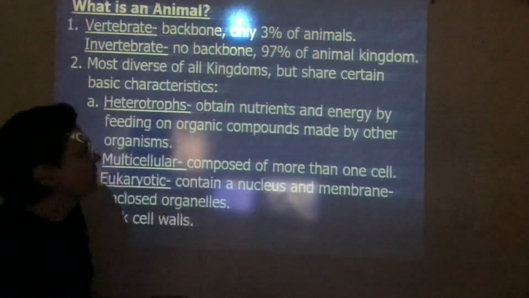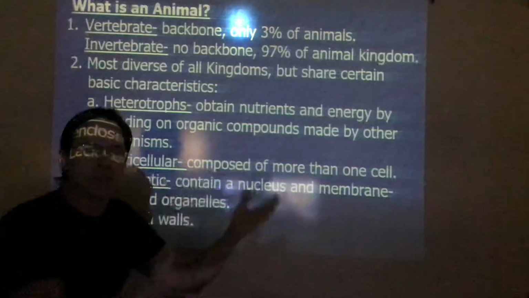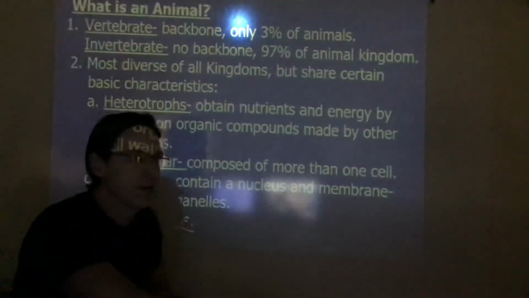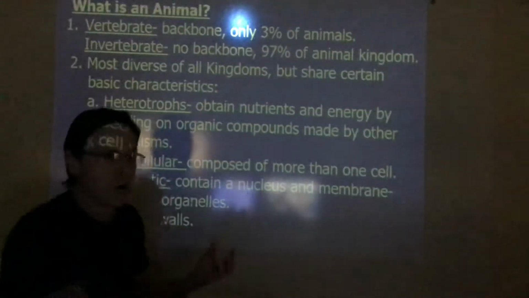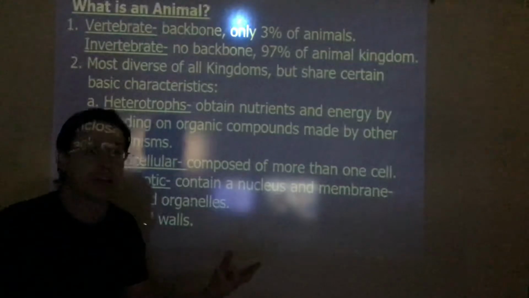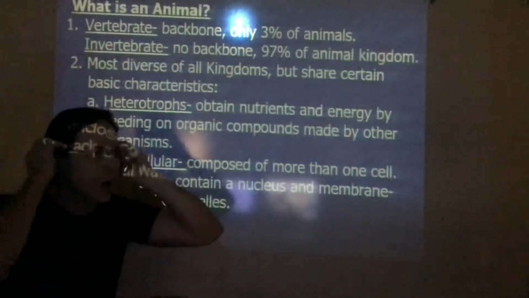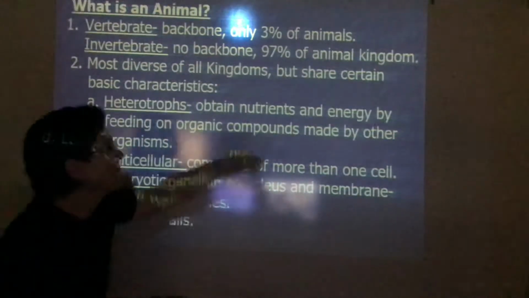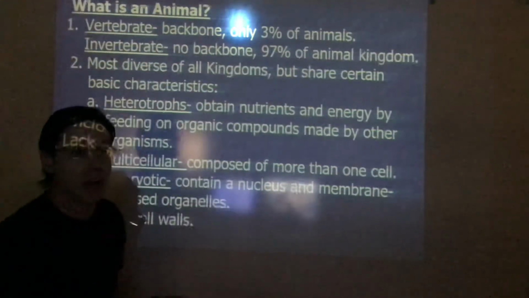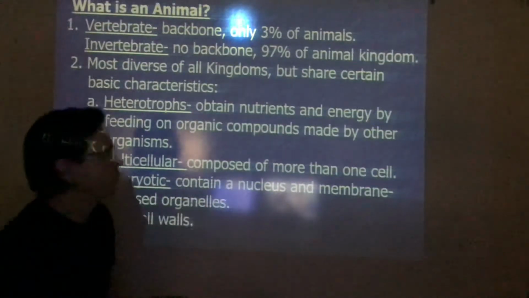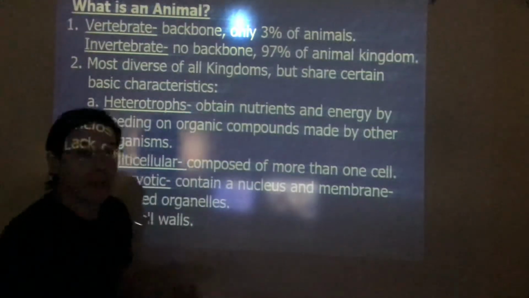Only 3%, and that stays true to fact, even though we're constantly finding new species, most of the new species that we're finding, I wouldn't say all of them, but the majority of them are invertebrates because they're sea-bearing, or small or aquatic, bacteria-based or something. So in those non-animal kingdom type things, but when we're talking about the animal kingdom in itself, 3% of all organisms, give or take 0.2 or something like that, so I just rounded to 3, have a backbone, or are considered vertebrates.